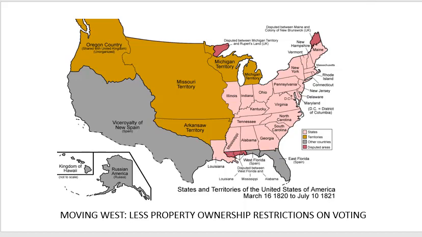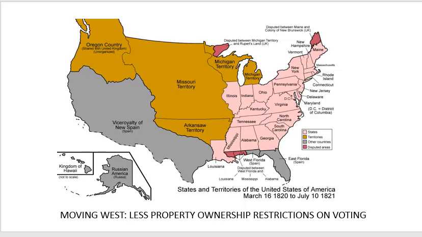And the story can be summarized like this. Over the first 60 years of the Constitution's ratification, property restrictions were dropped in state after state. And it began generally in the West. Every new state that came in, every single one of them, came in after the ratification of the Constitution and the establishment of the first 13 states.